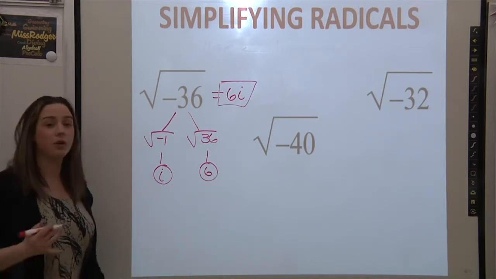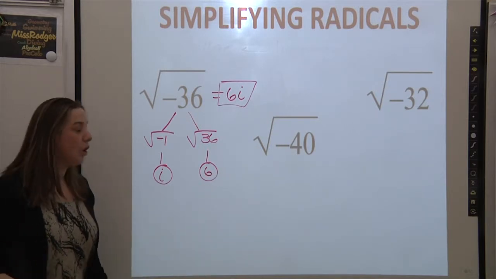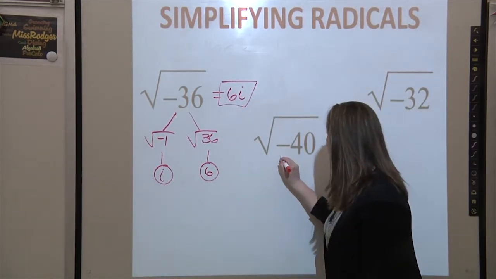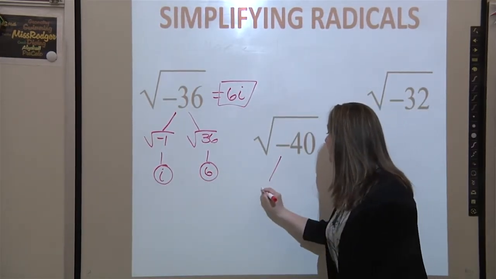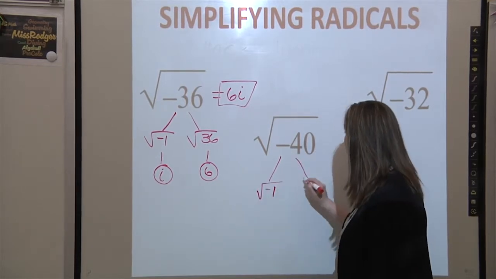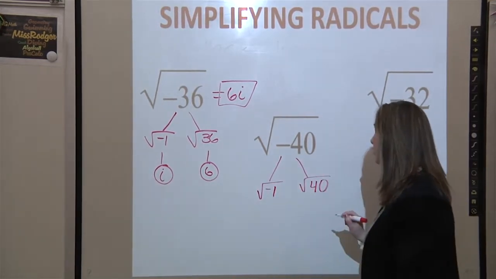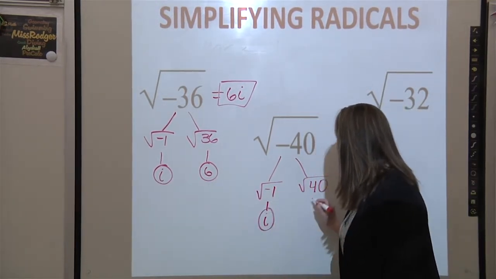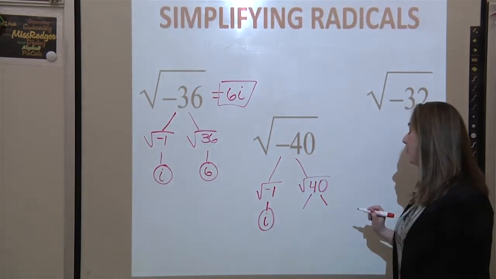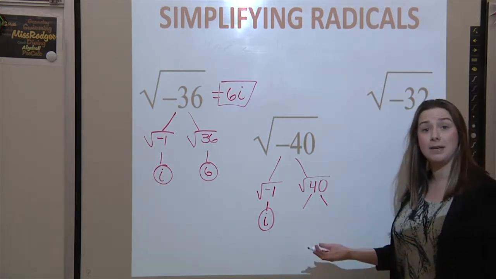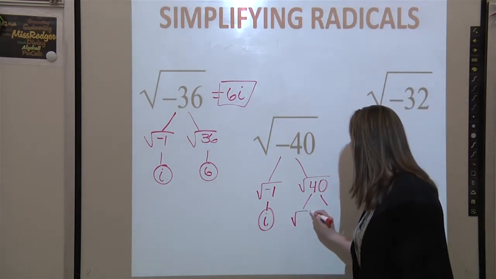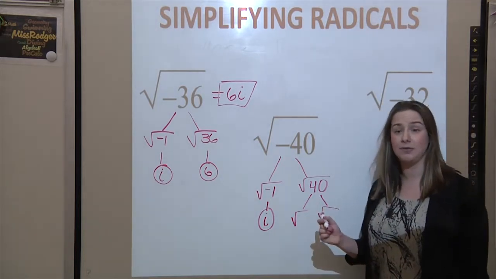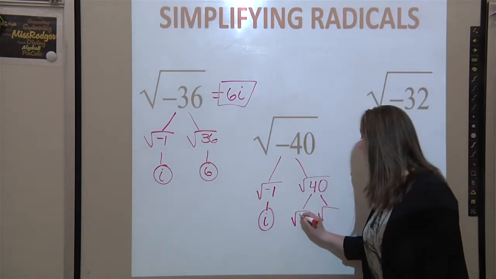For radical -40, I want to think about the same ideas. What times what is -40, specifically? So I'm going to think about this as radical -1 times radical 40. Radical -1 is i. And now I want to start to split up radical 40. If I can think about a combination of two numbers that multiply together that are 40's factors, preferably one being a perfect square, then I can break this down.